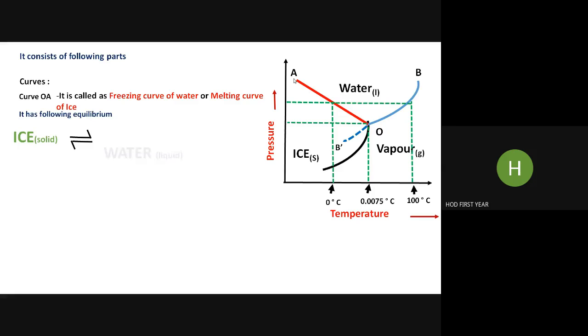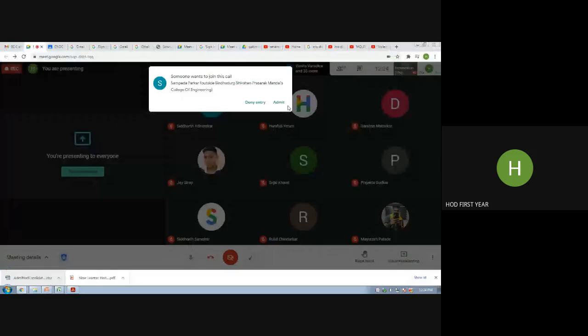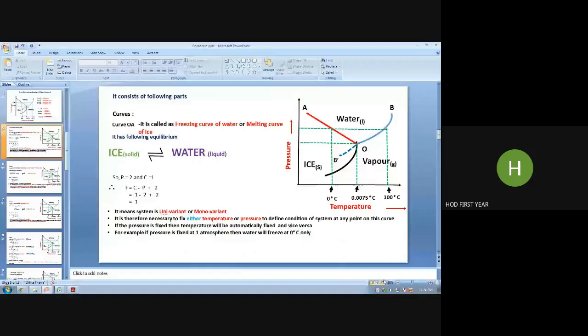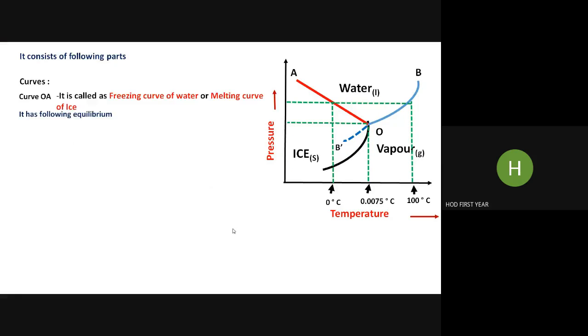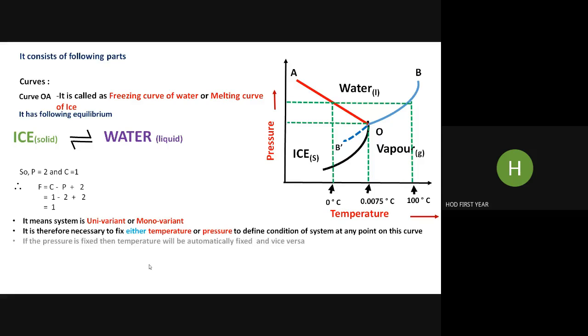So you need to write the equilibrium across the curve, and then the number of phases you need to count. Component is obviously one, and substituting into the formula, you will get degrees of freedom 1. So this curve is univariant, and this is the meaning: univariant means either temperature or pressure needs to be specified or fixed. Okay.